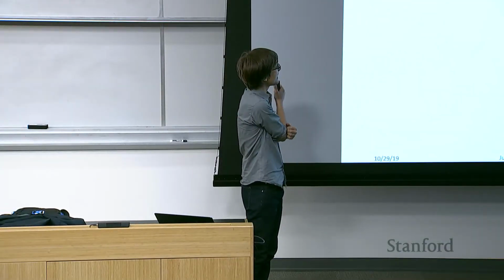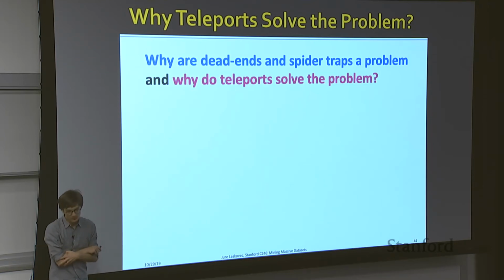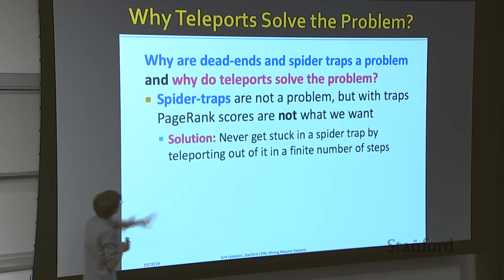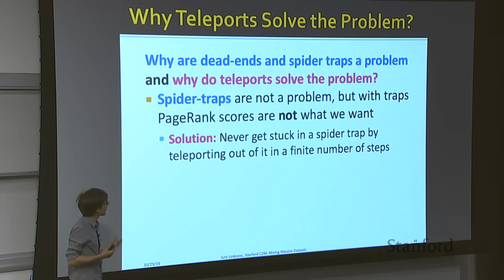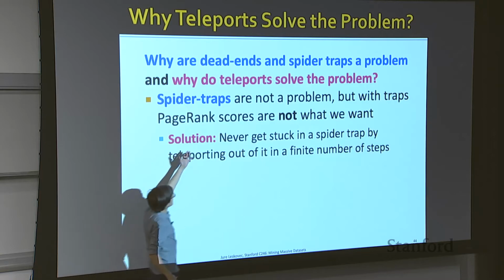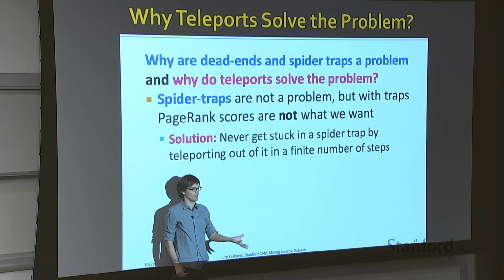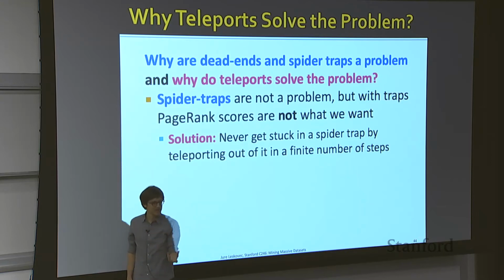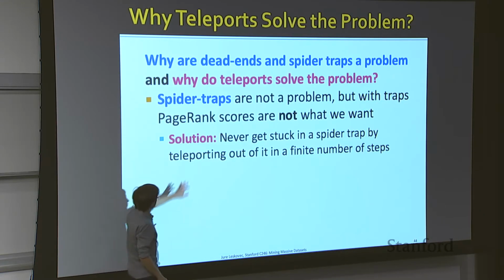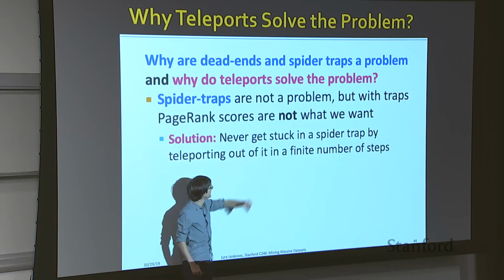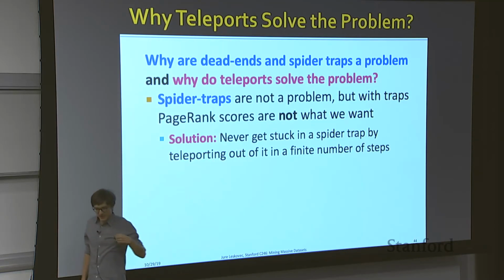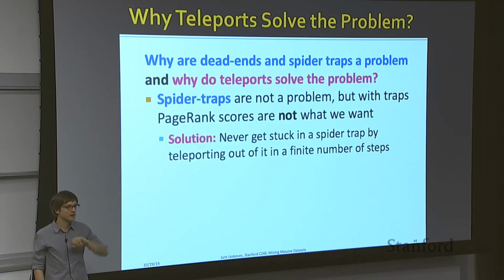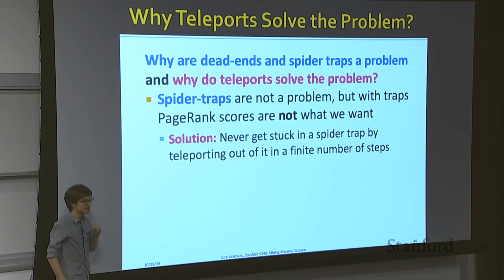Okay? So what is the solution to the dead ends and spider traps? Why do teleports solve the problem? As I said, spider traps by itself are kind of not a problem from the convergence point of view, but they are a problem because PageRank gives us something we don't want, right? It gives us kind of a trivial result that's useless. So the solution is we don't want to be stuck in a spider trap, so we will use teleportation so that after some finite number of steps in the spider trap, we teleport out of it and we save ourselves, right?